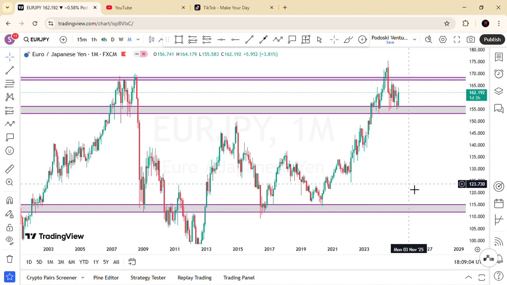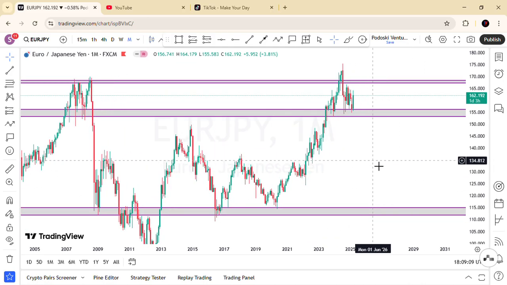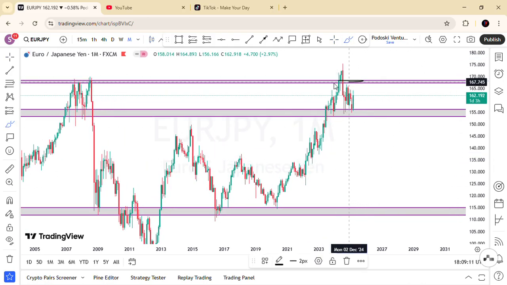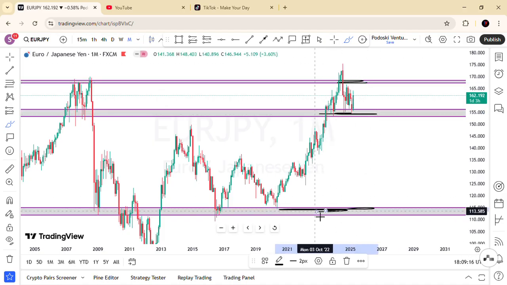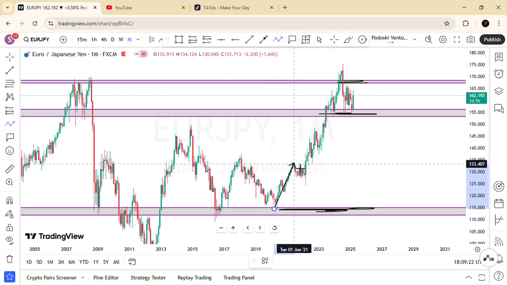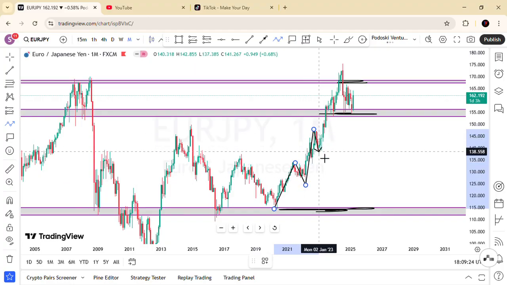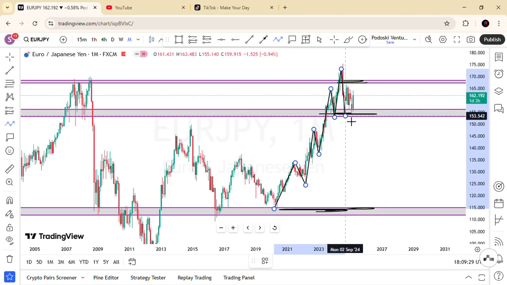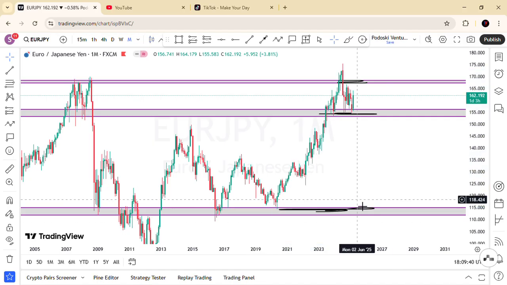So this Euro JPY is the last pair. On Euro JPY, the monthly time frame, I have my monthly upper zone, my monthly midway zone, and my monthly lower zone. If you watch closely, Euro JPY is in an uptrend: higher high, higher low, a new high, a new low, a new high, then an equal low, an equal high, and we are also seeing a new high on Euro JPY.